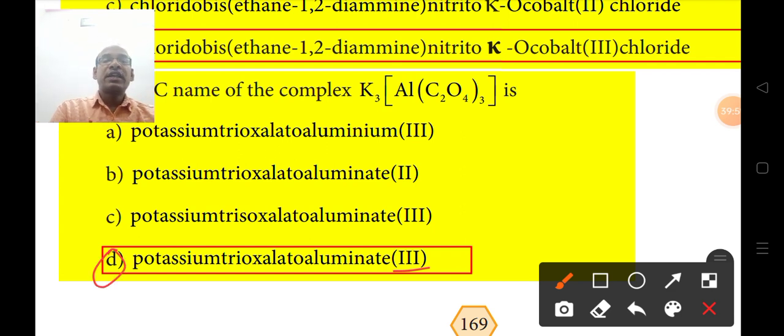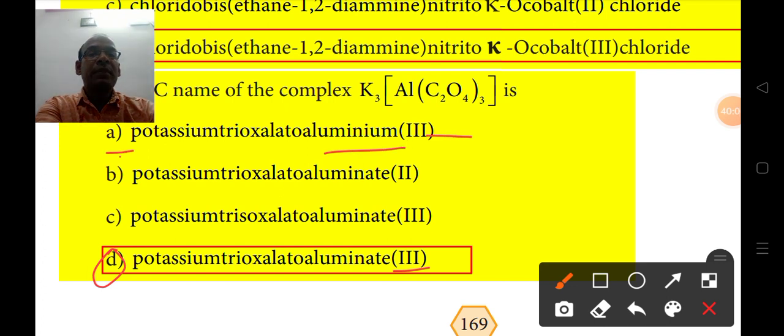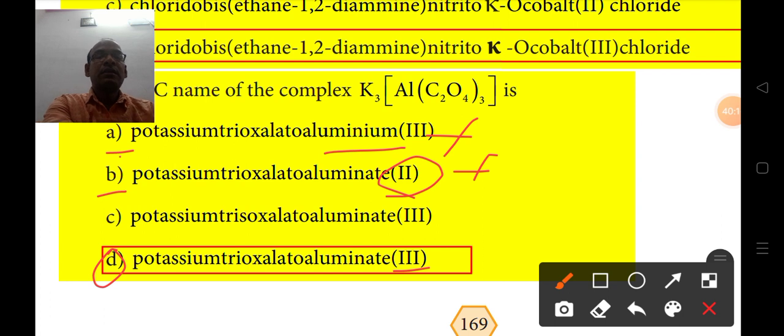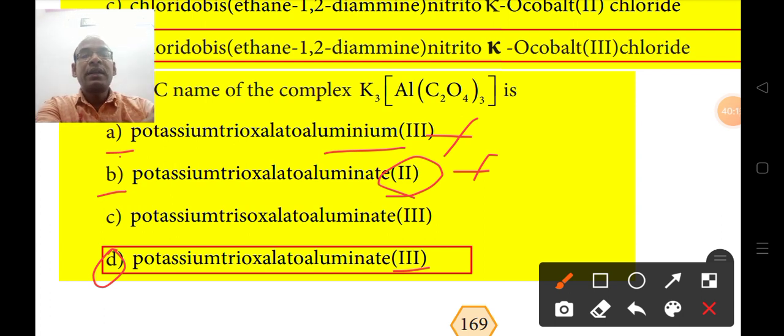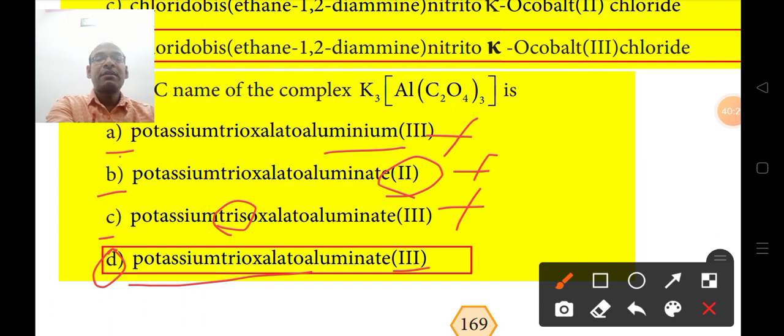In this case, option A, aluminium, is wrong. In option B, the oxidation state of 2 is incorrect. Third case, tris, therefore option C is incorrect. Remaining one is potassium trioxalatoaluminate(III).